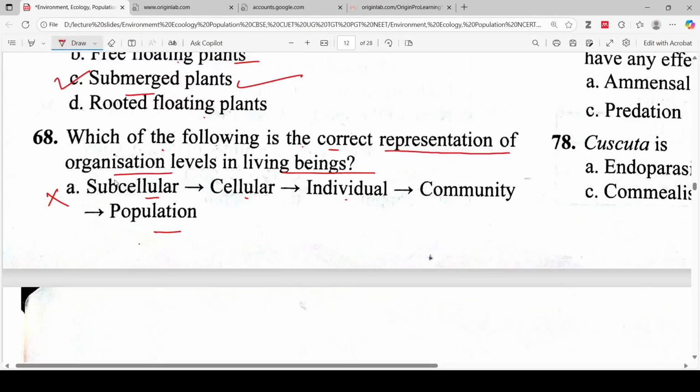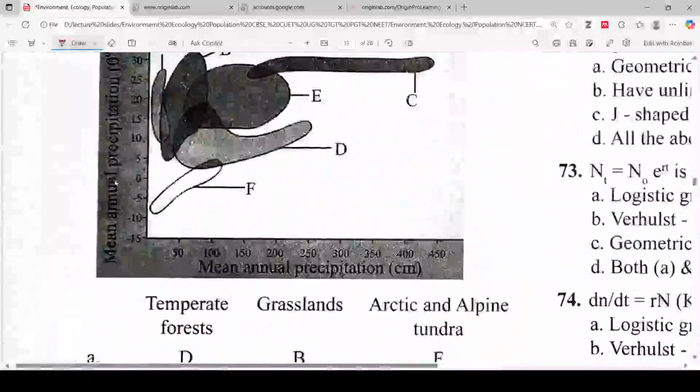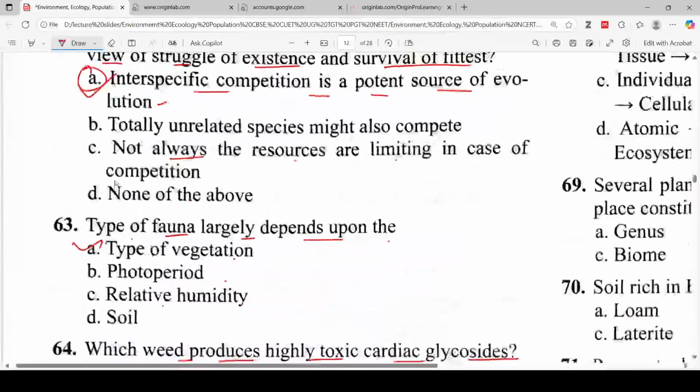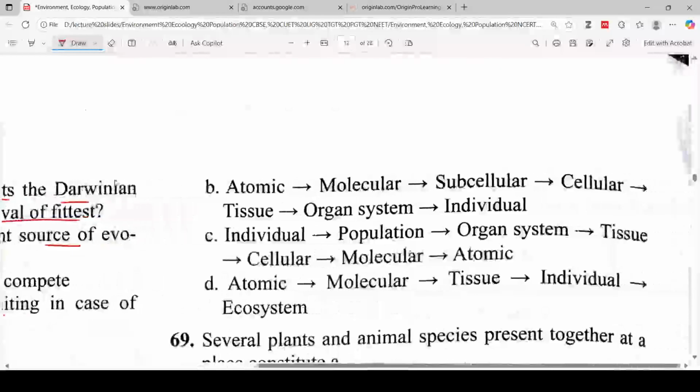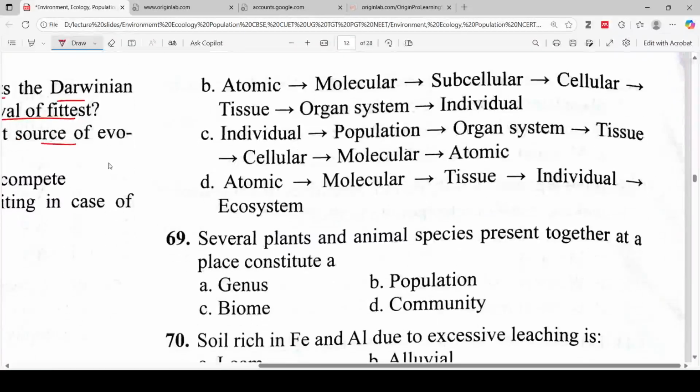Next option: atomic, molecular, subcellular, cellular, tissue, organ, system, and individuals. Next option: individual, population, organ, system, tissue, cellular, molecular, atomic.